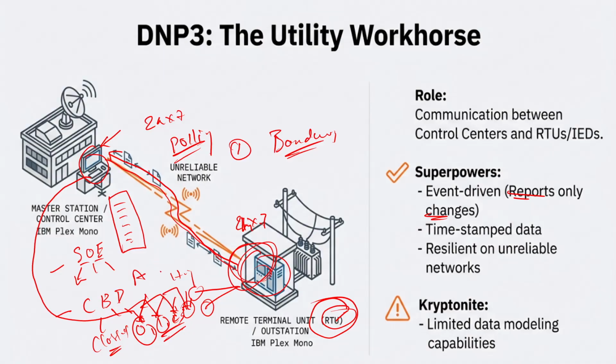Okay, so this is what DNP3 is used for, and the majority of the time this protocol is used between the master station and the RTUs, right? The strength is that it is excellent for telemetry data. You will see telemetry data all the time when you design a system, or when you talk with any technical person, he always talks about telemetry data.